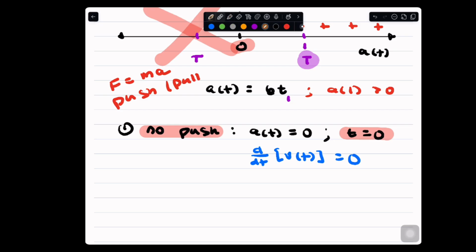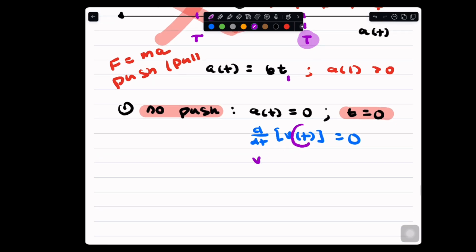Derivative 0. I can't even figure out what color to use. Maybe purple. What's the derivative of a constant? 0. So when your velocity, ladies and gentlemen, is c for constant, you got no push or what? Pull. That's an important detail as well. Saying velocity is constant is the same as saying your acceleration is 0.